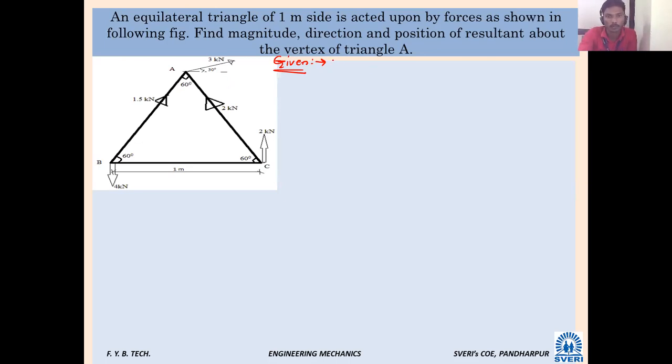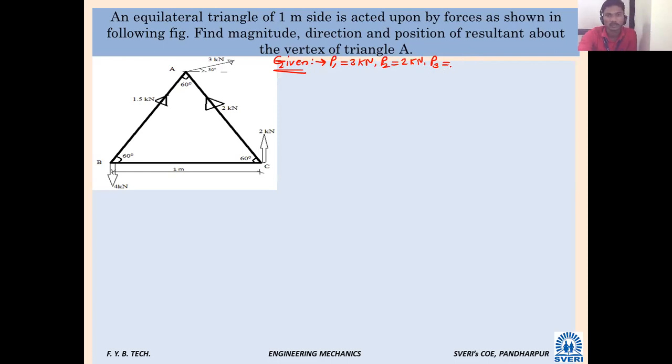So let us give name P1 force. Which force we will assume as P1? 3 kilonewton. Okay. P2? Look at the diagram and tell me. 2 kilonewton. P3?